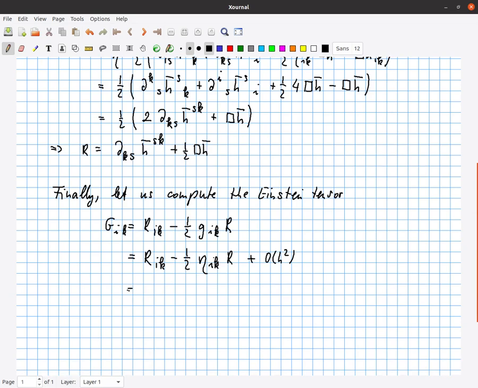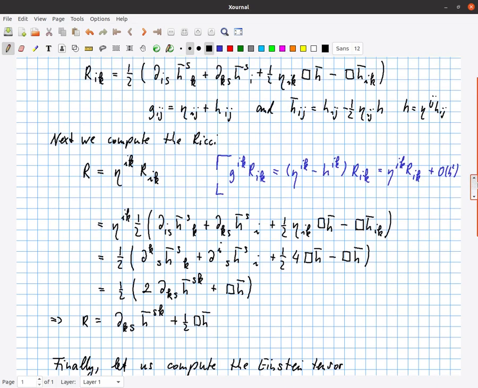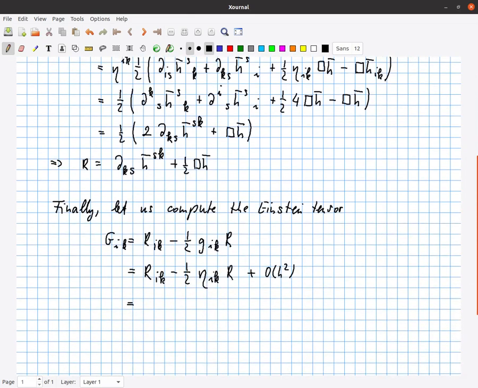Now we copy this result from up there. We get those two partial derivative terms and then the two box terms. This means we have 1/2 partial_i partial_s h bar sk. We need to swap the indices now, which ensures that the object is symmetric. Then here we have a term with the eta and box h bar. From this we subtract box h bar_ik.